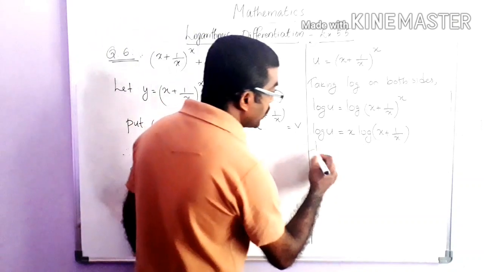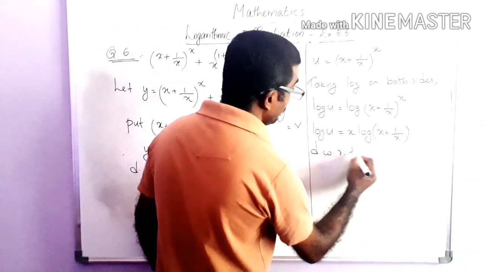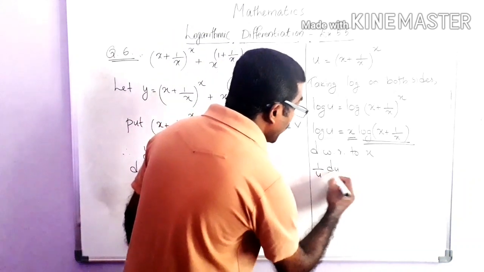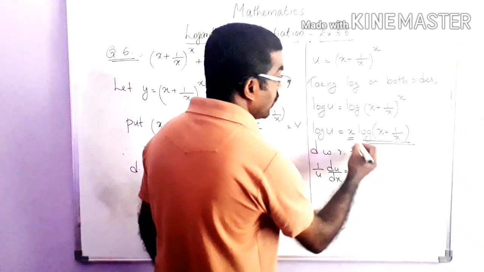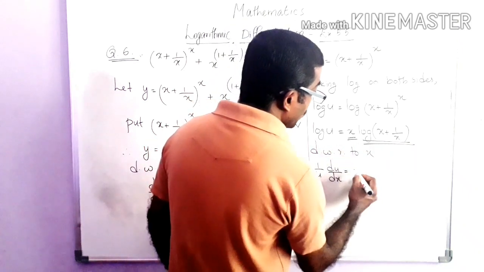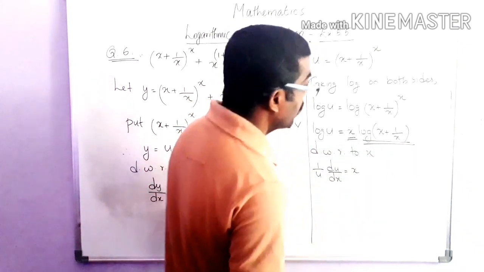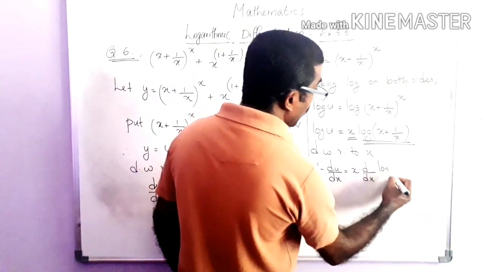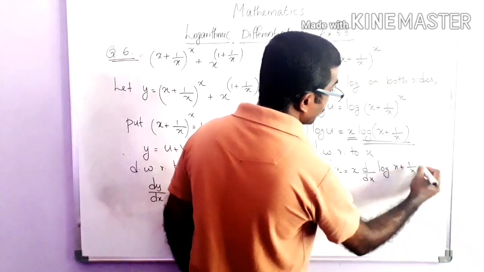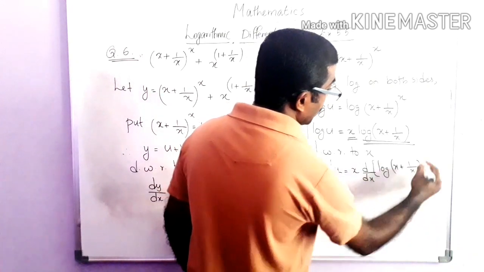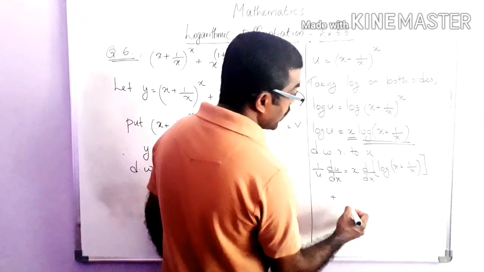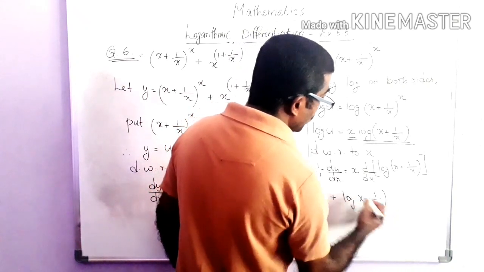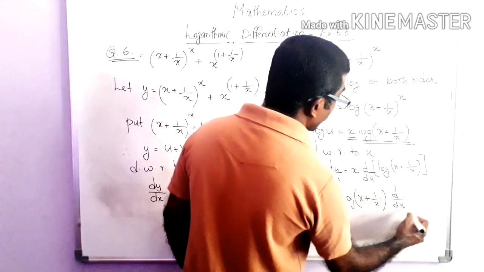Now you can differentiate with respect to x, that is 1/u into du/dx is equal to, here the product of two functions, so x into the derivative of the second, that is d/dx of log (x + 1/x), then plus the second function log (x + 1/x) into the derivative of the first function, d/dx of x.